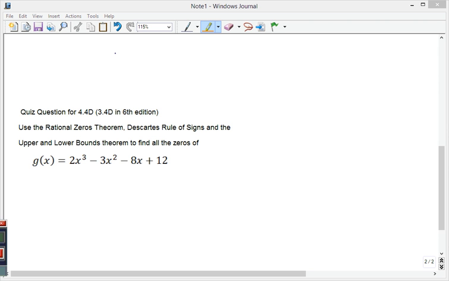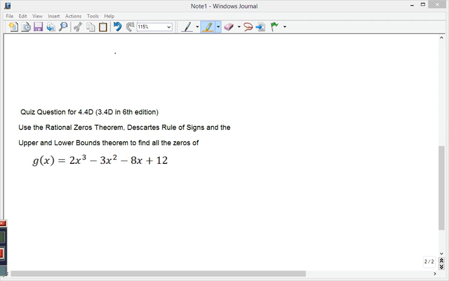Okay, so here's your quiz question. You're going to do the very same thing. I've given you an equation. Go ahead and find all the possible rational zeros and start trying those rational zeros until you find 1. Since this is a cubic, as soon as you find 1, you'll be down to a quadratic.